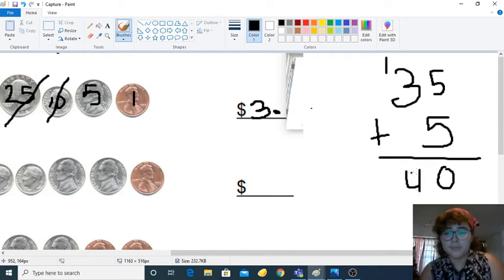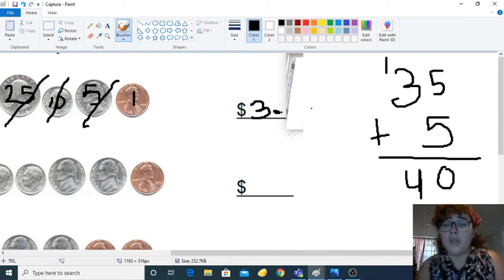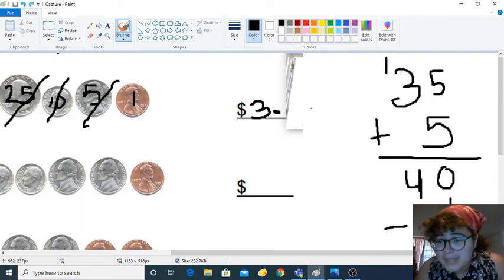Now, I'm not going to erase it this time because all we have left to add is 1. And as I said previously, a penny is only worth 1, so it's a lot easier. We just count the number that goes right after. If it's 40, the number right after is 41. But if you are still a little confused, it's okay. You write it down.